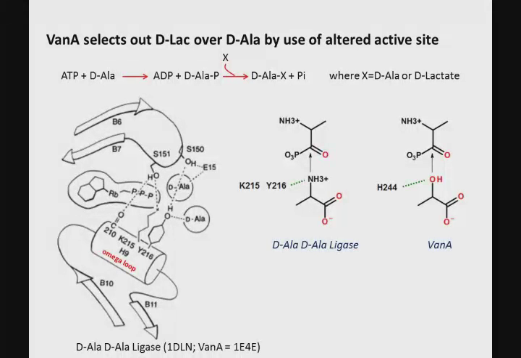But in the resistant form, you don't want to make a dipeptide, you want to use lactate, and in doing so, effectively what you do is you switch that tyrosine for a histidine, and that allows activation not of an amine, but of an oxygen, which will react with the D-Ala, and then that will give you that D-Ala-lactate depsipeptide instead. So VanA is your first port of call into making the unusual substrate that allows you to be resistant.